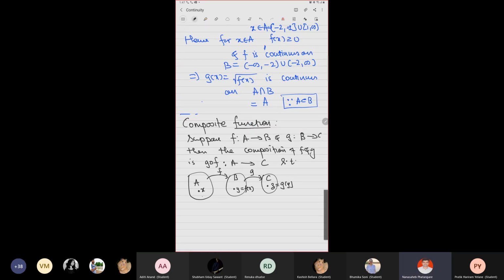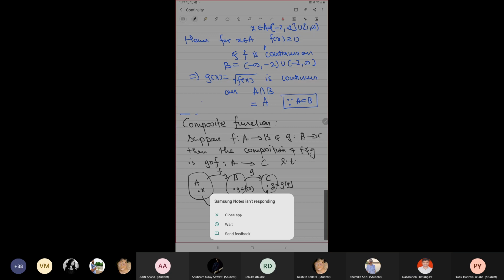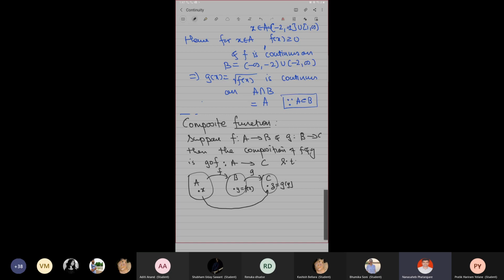And therefore, if you look directly from A to C, right, what is the direct image? So the direct image is called g composite f. And what it gives, it directly sends x to z. Right?